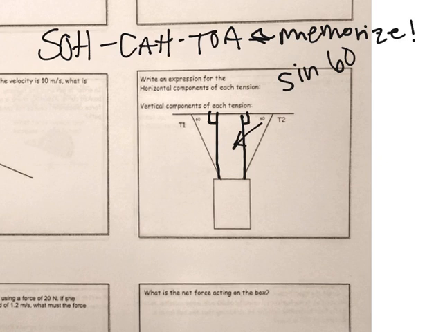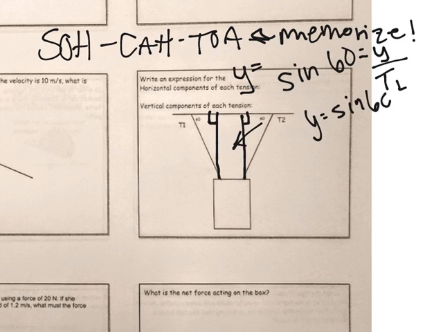So, for the y, it'd be sine 60 is equal to opposite, which is essentially my y, over the hypotenuse, which is t2. Solve for y, y is equal to sine 60 t2.